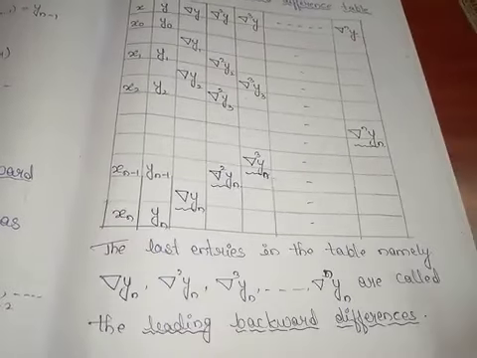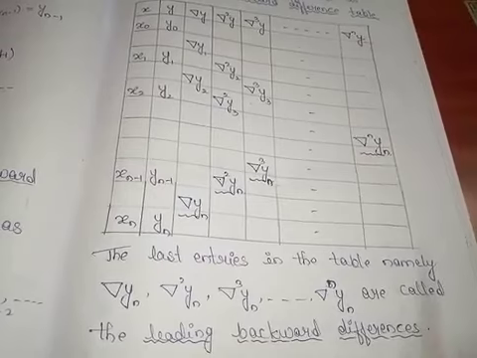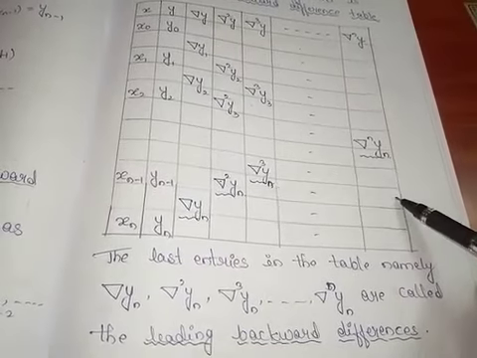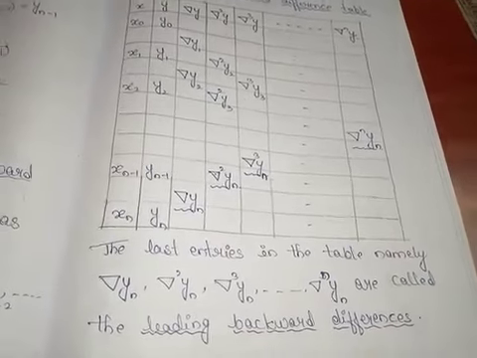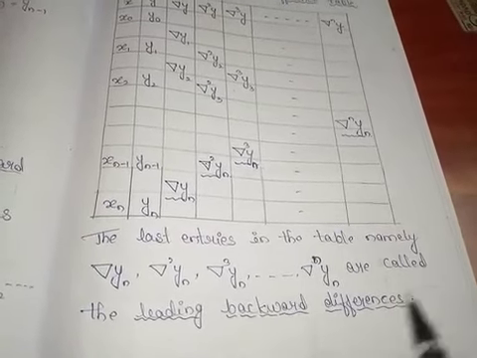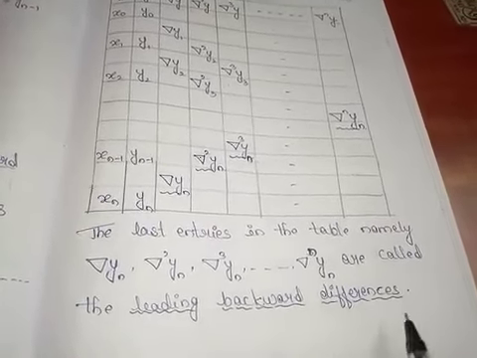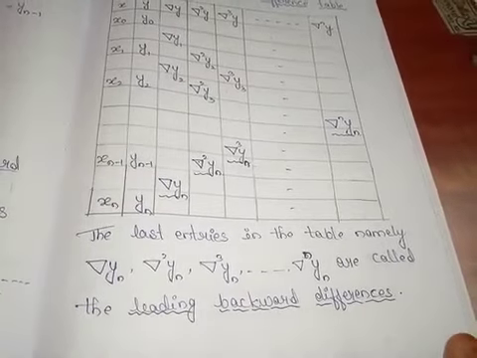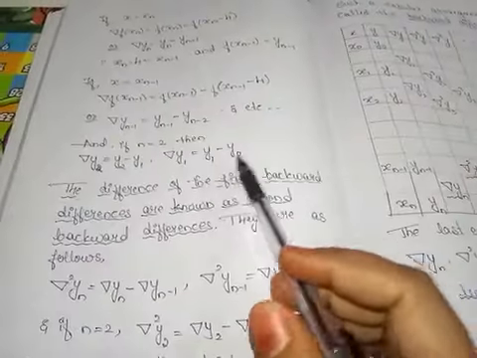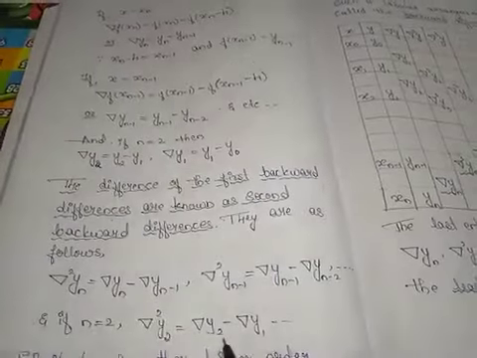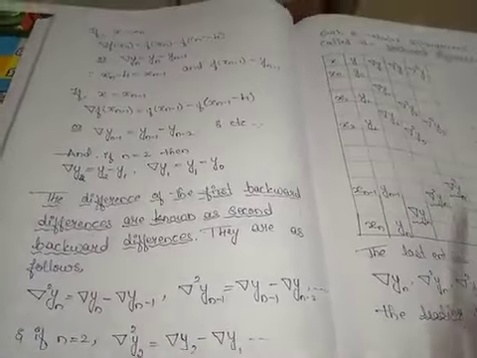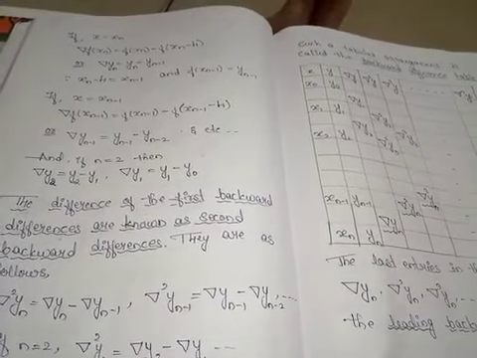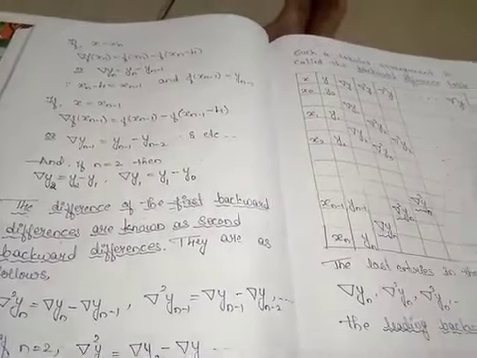To understand this concept, let us solve an example where we understand how to prepare this difference table and how to find the leading forward differences and leading backward differences. And one thing here, on seeing this example, you understand that preparing this table is the same for backward and forward.